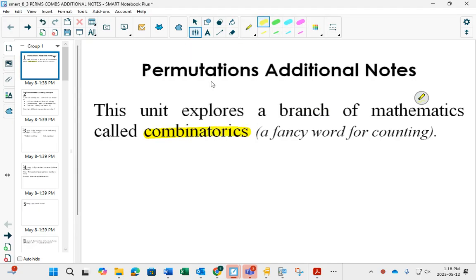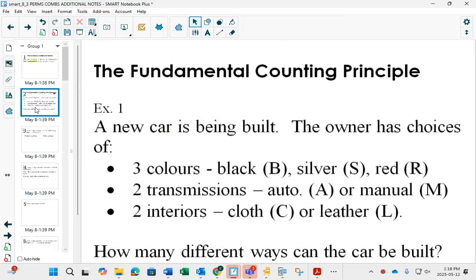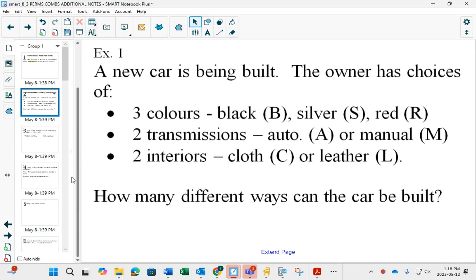In mathematics, the study of counting is called combinatorics. And our very first thing that we did was the fundamental counting principle. So whenever you have different decisions to make, you make a space for each of those decisions. So here, a new car is being built. You have to make a decision on the colors.